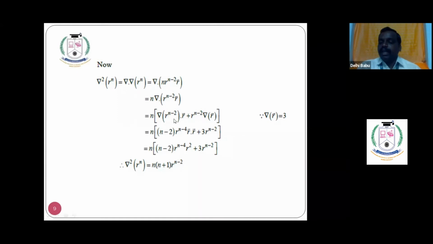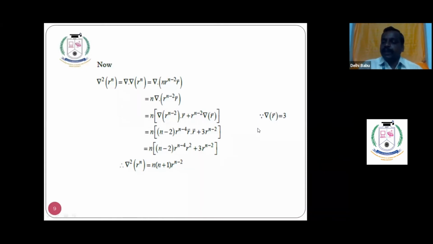Similarly yj comes, zk comes. So r vector dot this r vector plus r^(n-2) del dot r vector. So del dot r vector value is 3, because del is nothing but i ∂/∂x, j ∂/∂y, k ∂/∂z, and r vector is nothing but xi plus yj plus zk.